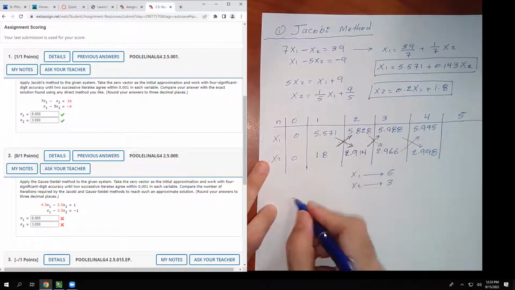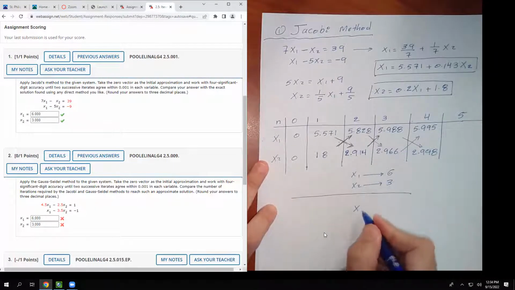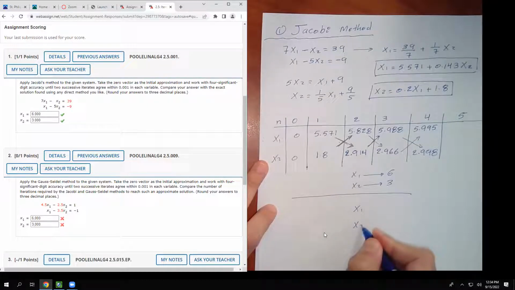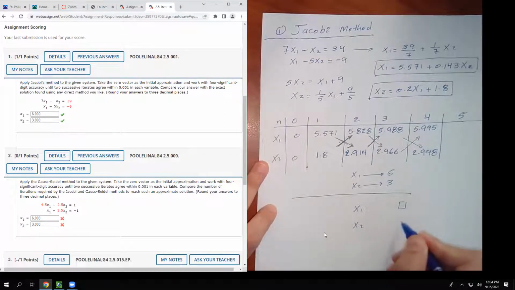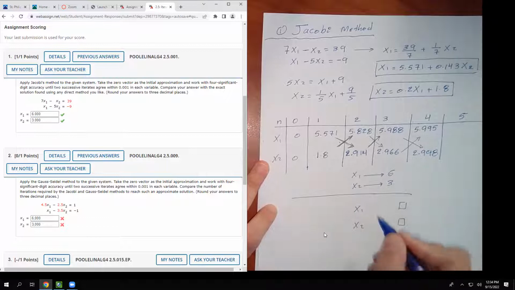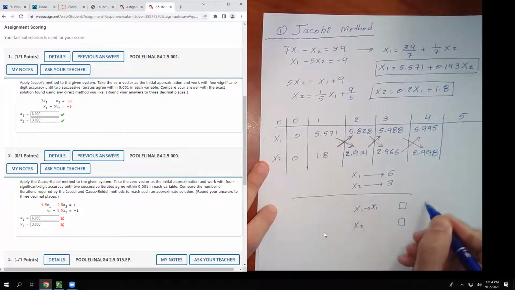The first value is going to be on this side, like here's the first x1, then the second one is going to be on the other side. So we're going to converge from both sides.